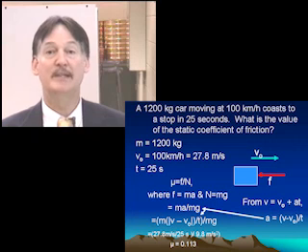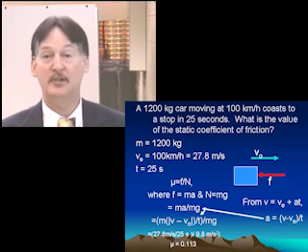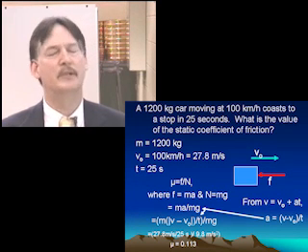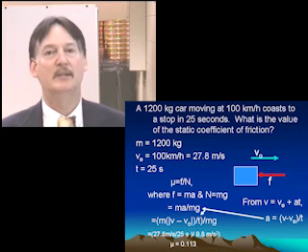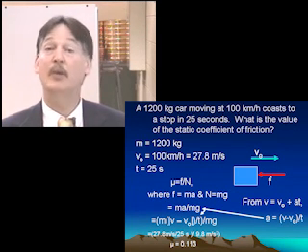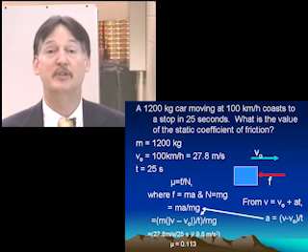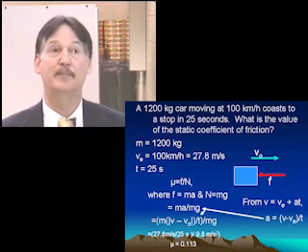And mu is related to the force of friction and N by the ratio F over N. Well, that means we need to find out what we are going to put in for N. Oh, that's right. N is the normal force, and for a level surface, the downward weight is equal and opposite to the normal force. So N is equal to mg.